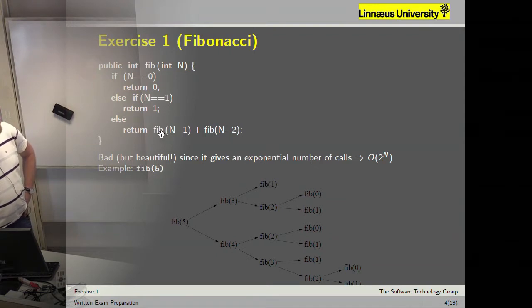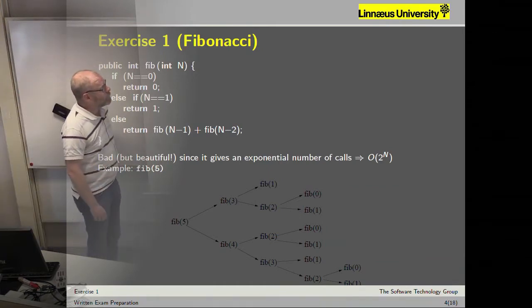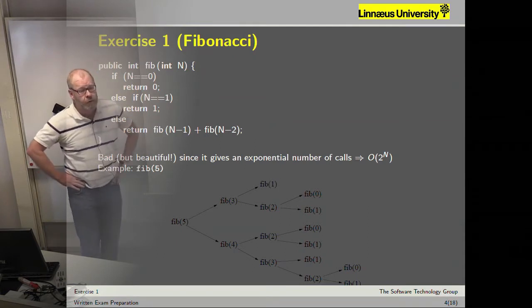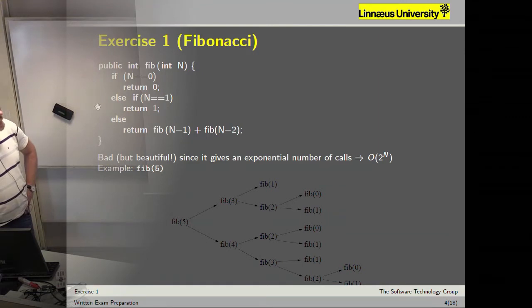If you would like to compute the 50th Fibonacci number, you will call for 49 and 48 down here. So in order to compute it for 50, you need to know what it is for 49 and 48. So you make a call to solve these problems. This is a beautiful but a bad solution of computing this one.